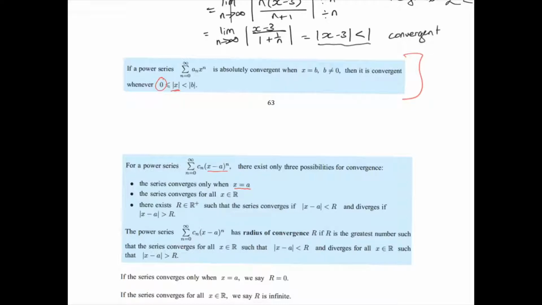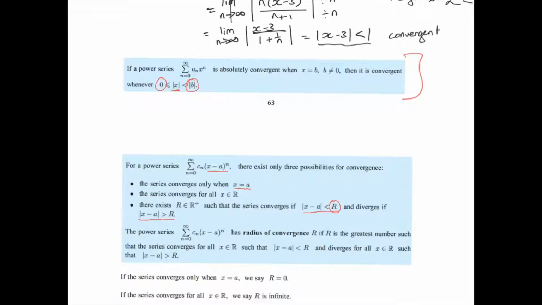The series converges for all x in R, so every value of x, or there exists an R such that the series converges if the size of x minus a is less than R, and diverges if it's bigger. That's kind of like saying our R was our previous b, but now we have also x minus a. It's kind of like comparing it to that value.